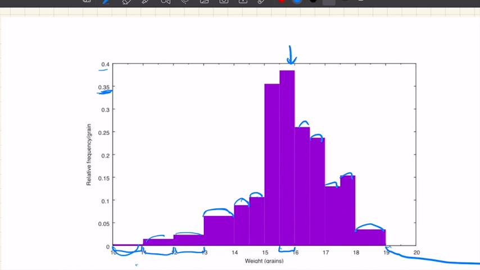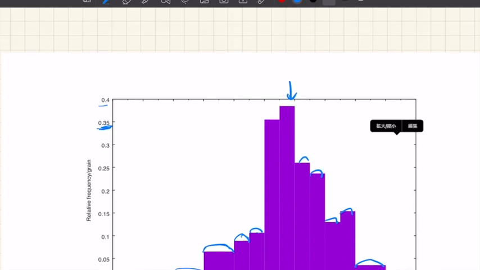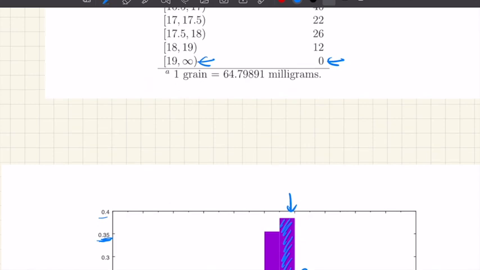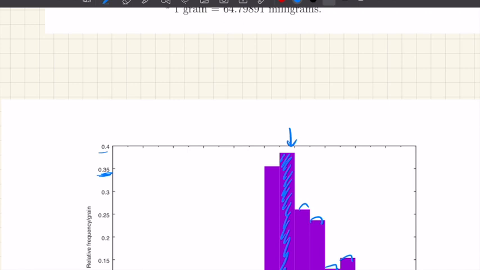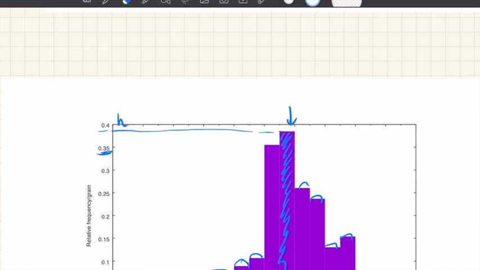Actually, this height by itself doesn't mean anything. What this bar means is that the area of this bar corresponds to this number. So let's say the height of this is h, and the width of this is 0.5.